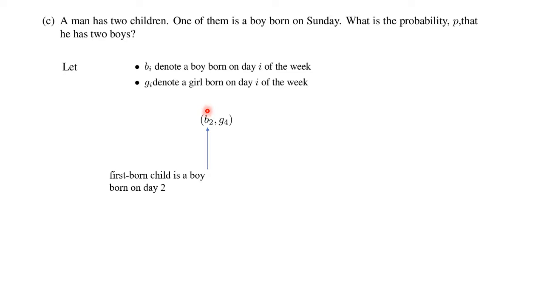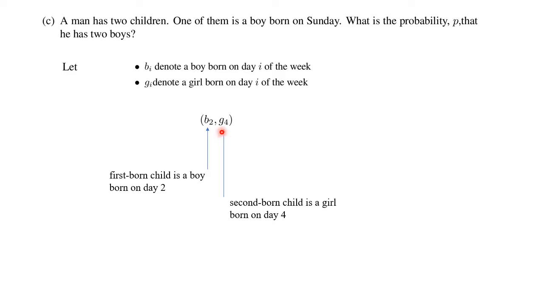So the one in the first component of the sequence was born first, and this one was born second. So B2 in this first position means that there was a firstborn child. It's a boy and is born on day 2 of the week. That's Monday.